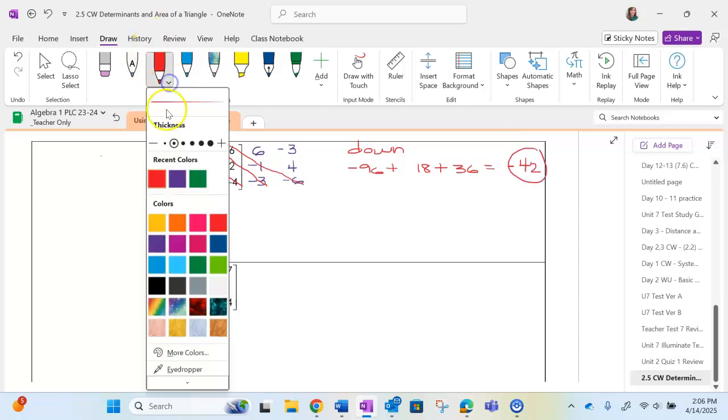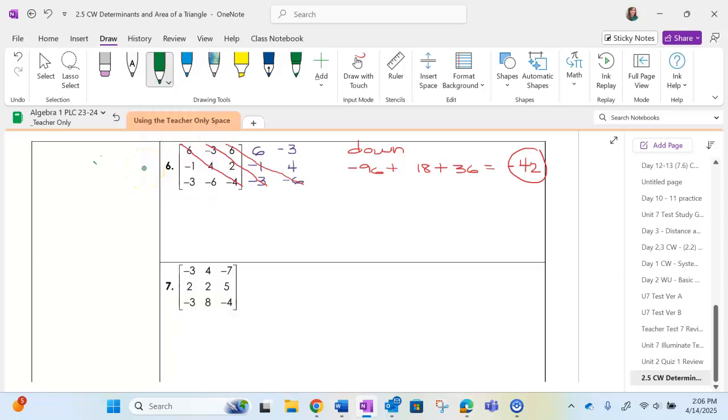Let me change colors and do my up. -3 times 4 is -12. -12 times 6 is -72. Now we're doing the ups. -72 plus -6 times 2 is -12. -12 times 6 is -72.